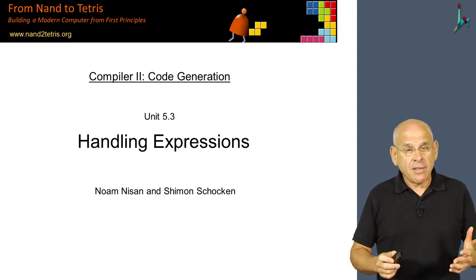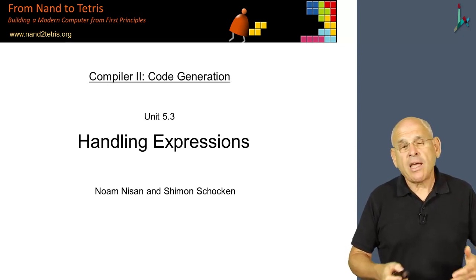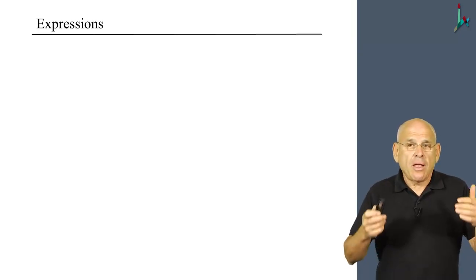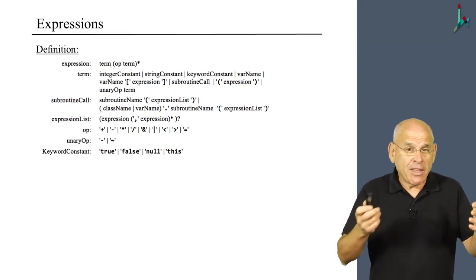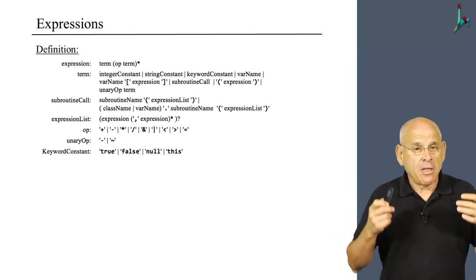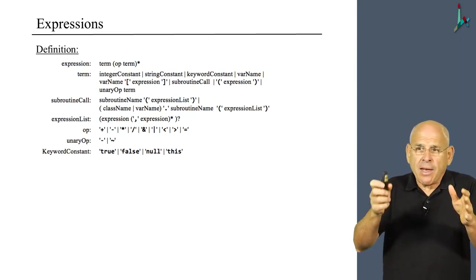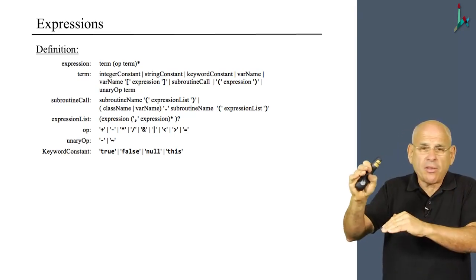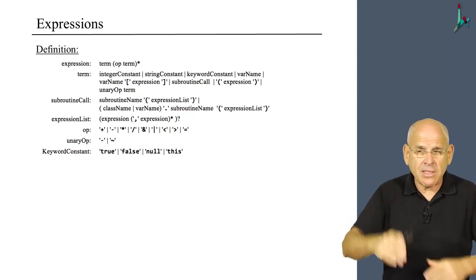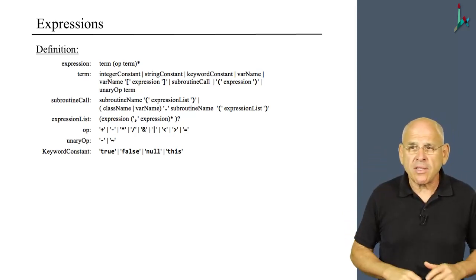Now, to get started, I'd like to go back to basics and present to you a subset of the Jack grammar that defines expressions. Here I simply lifted a snapshot from the book that accompanies this course and put it on the slide.